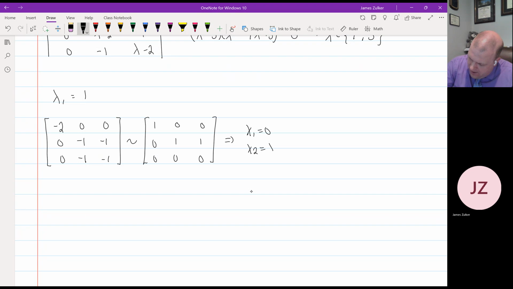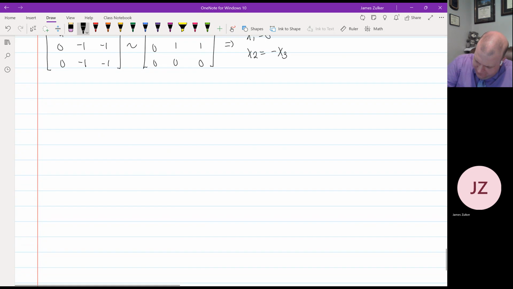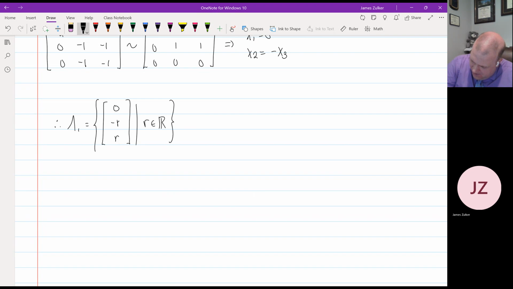X2 is negative X3. So the eigenspace is the set of all vectors of the form 0, negative R, R, such that R is any real number. So we take as our basis the set 0, negative 1, 1.